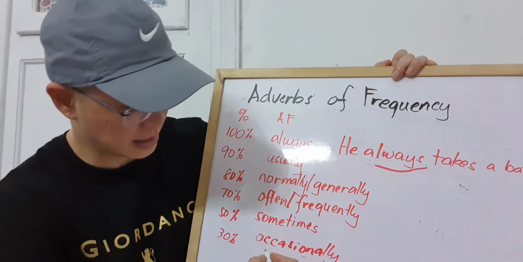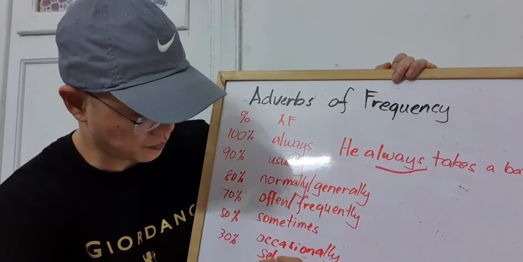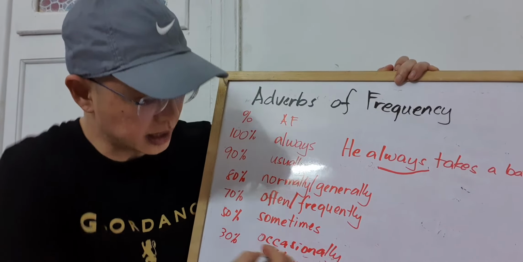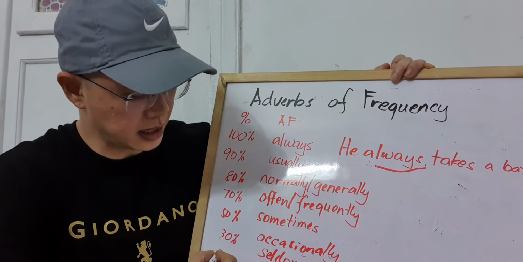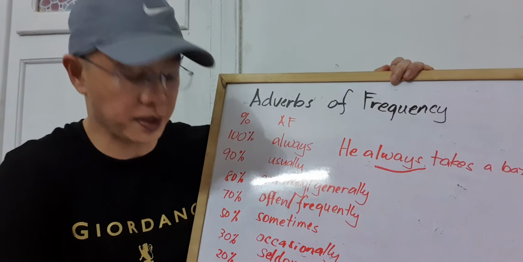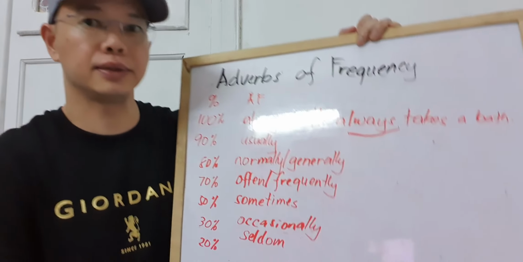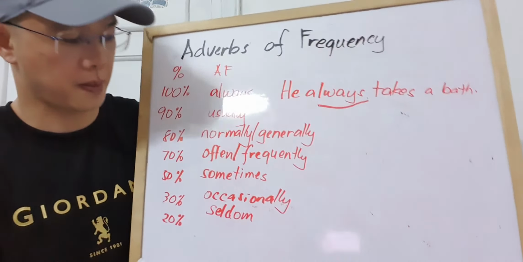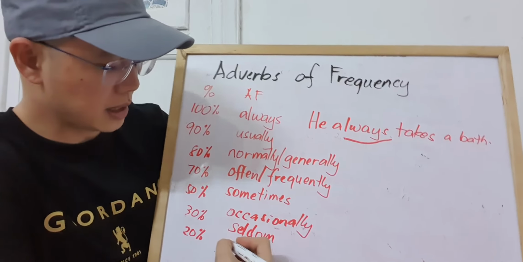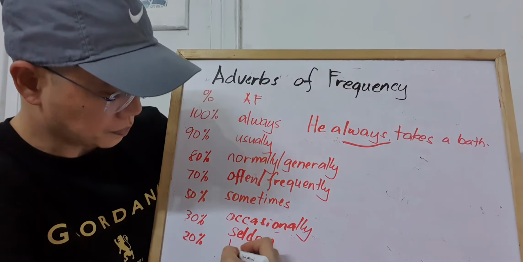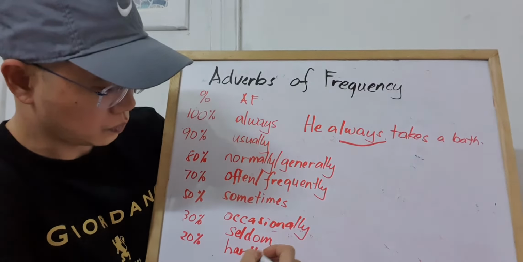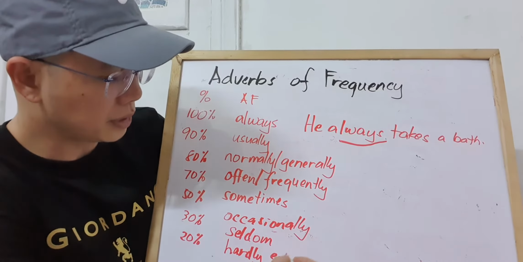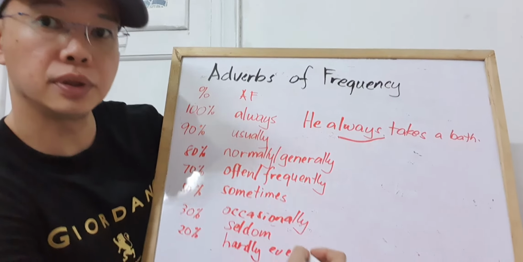Next is seldom. That's around 20%. Sorry, can you see it? And next is hardly ever. Can you still see?